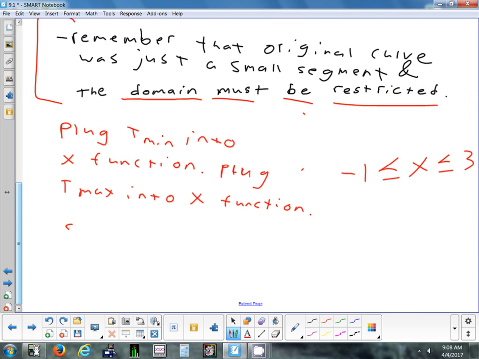So smaller value, it's usually a less than or equal, put your x, bigger value. Okay, I can't technically tell you which one is going to be smaller and larger. It depends on the formula. But find the two values, plugging in t min and t max, and then put the smaller one on the left, bigger one on the right, and the x in the middle.